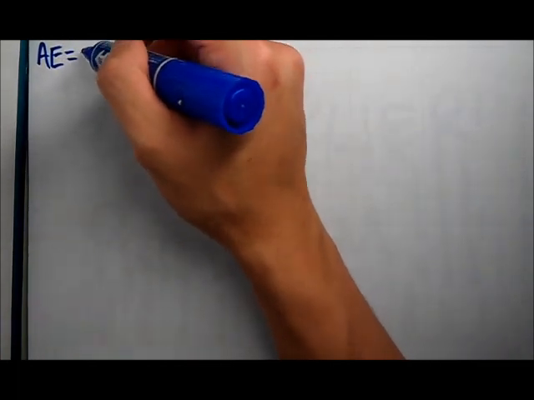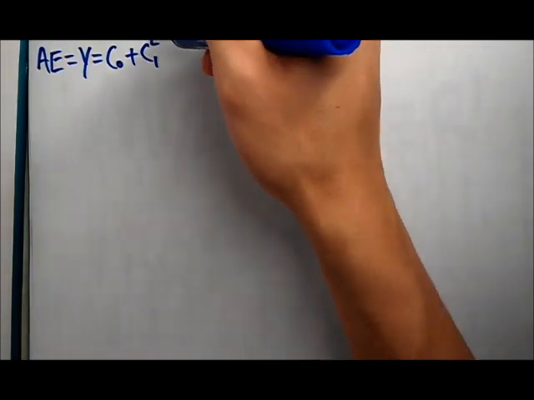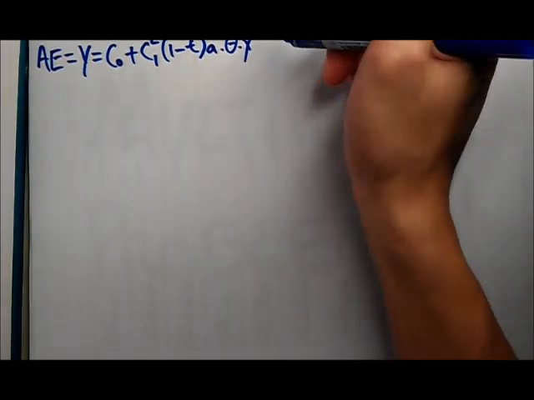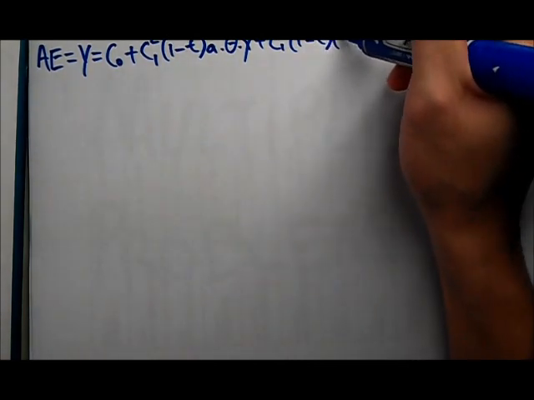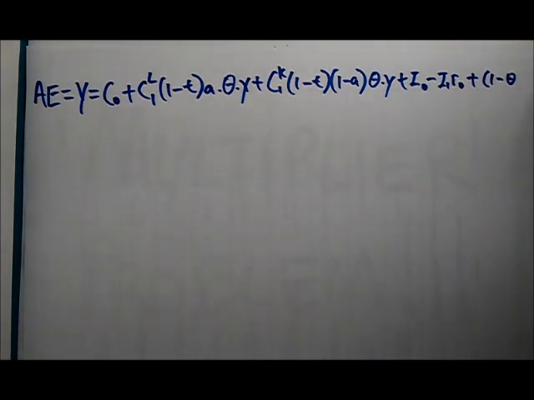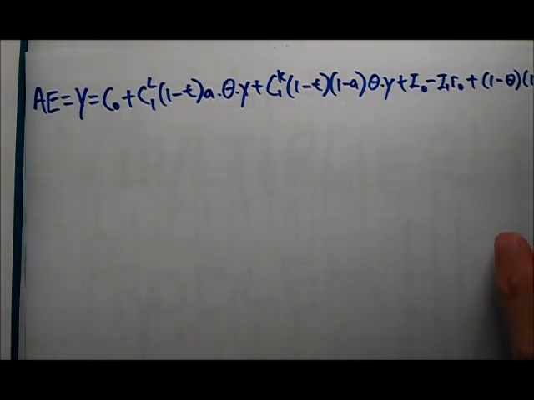AE, at equilibrium y, equals C0 plus C1L times 1 minus income tax alpha theta y, plus C1K times 1 minus T1 minus alpha theta y, plus I naught, R naught, plus 1 minus theta, 1 minus corporate tax y.